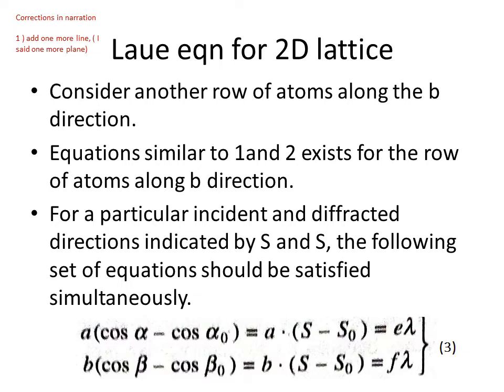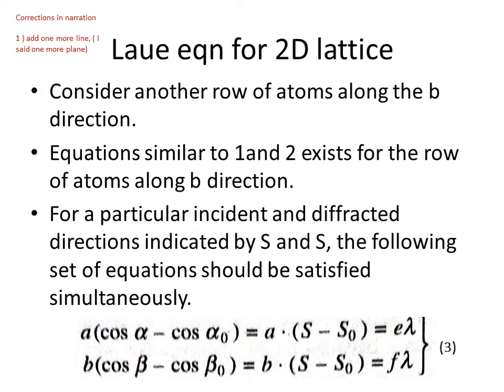Naturally, if this condition is to be satisfied, the wave which is falling into the crystal will be making different angles with respect to the line of atoms along the A direction and along the B direction. So alpha 0 will be different from beta 0. Beta 0 is the angle that the incident wave S0 makes with the line of atoms along the B direction. Consequently there will be a different angle beta, which we call the scattered angle, with respect to the line along the B direction.